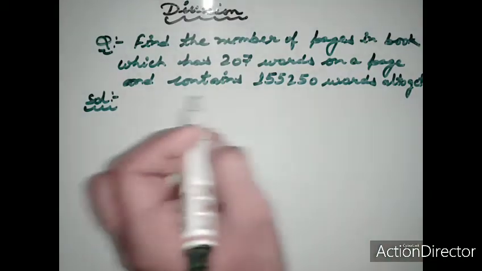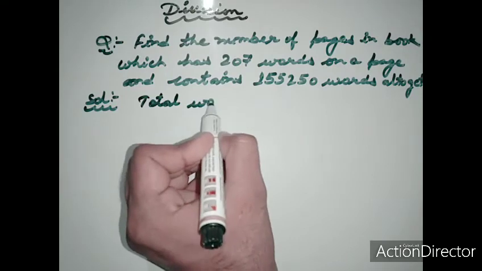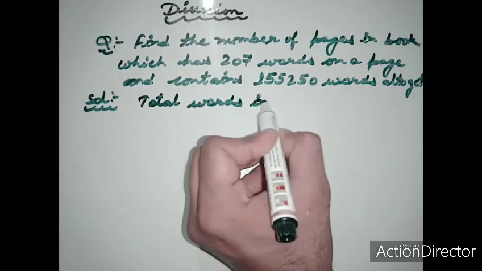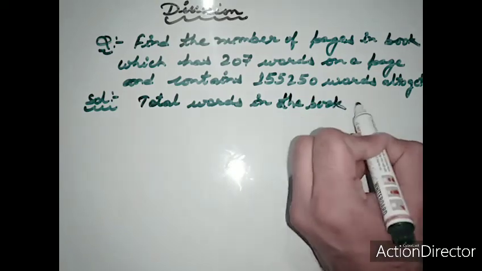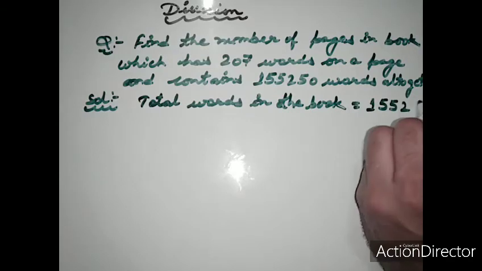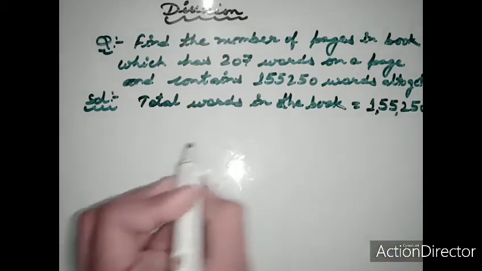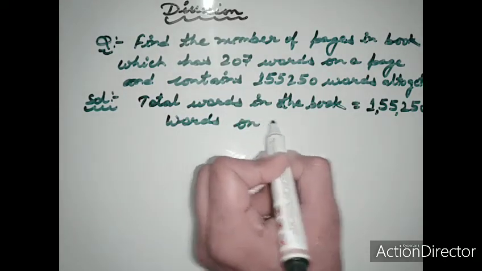So what we do here, first we write the given values. Total words in the book is equal to 1,55,250, right?